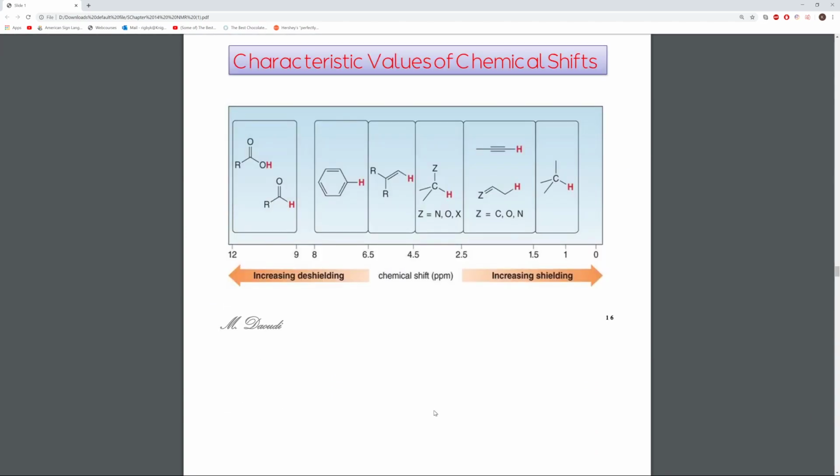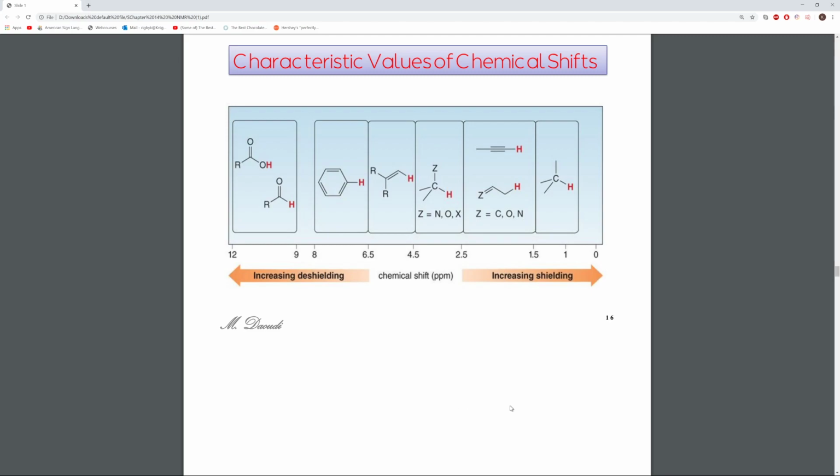Characteristic values of chemical shifts. This is less important than knowing the characteristic values of IR spectrum because, while these will generally tell you the structure of a molecule, using the IR spectrum for the functional groups is way better, way easier, and it makes much more sense.